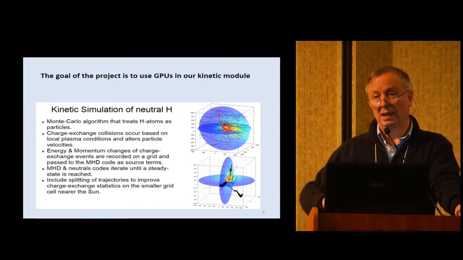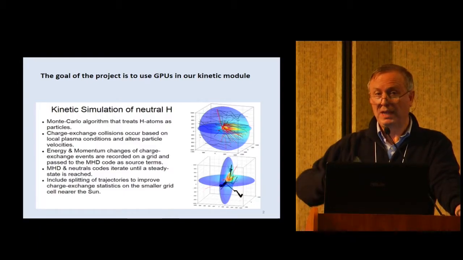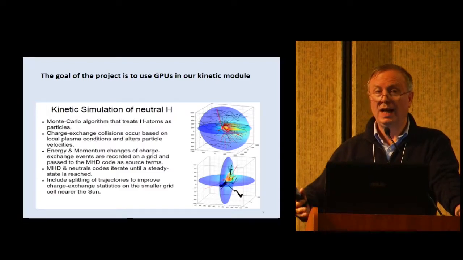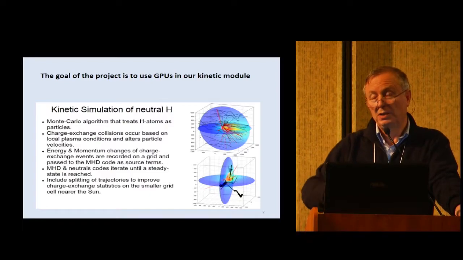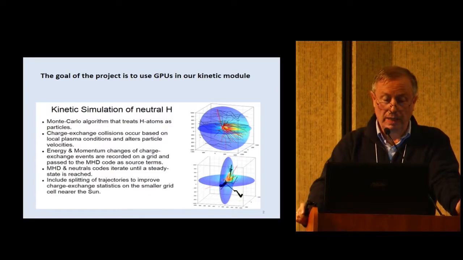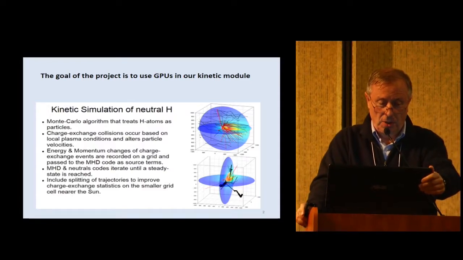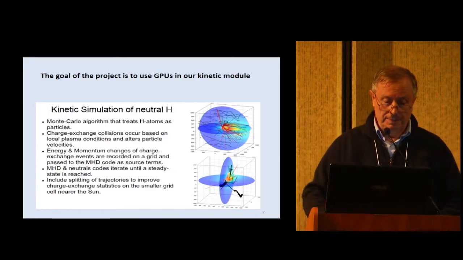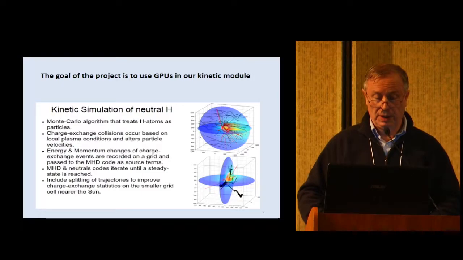Ideally we should use the obtained distribution function and feed it into the source term. Source terms are calculated in the Monte Carlo module and then provided to the MHD module, and these modules are independent.